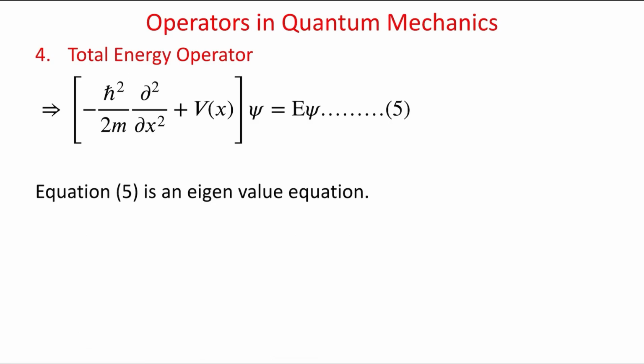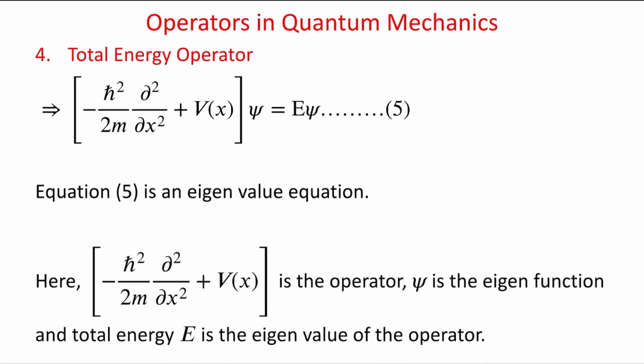Equation 5, if you observe it carefully, it is an eigenvalue equation because the operator minus h cross whole square divided by twice m del square upon del x square plus V(x) operates on psi to produce E psi. So it is an eigenvalue equation.